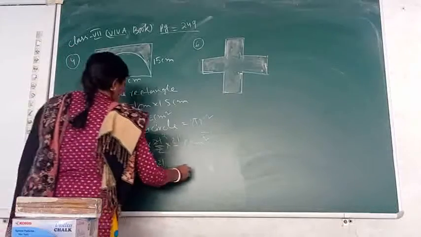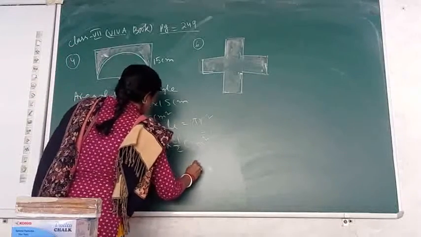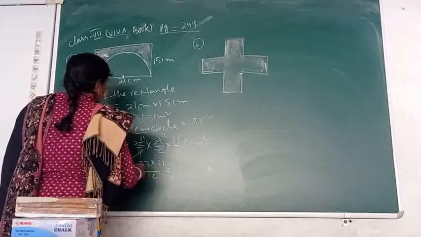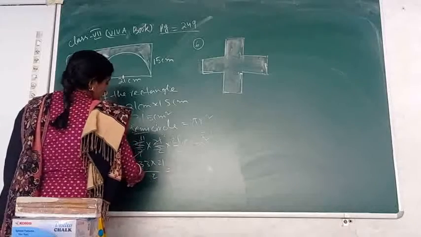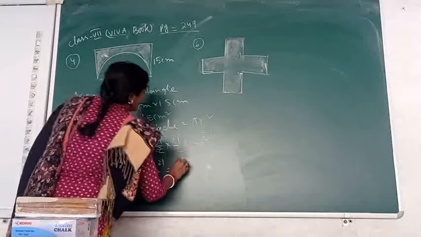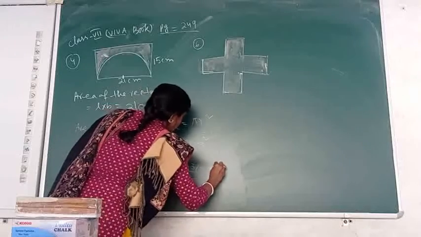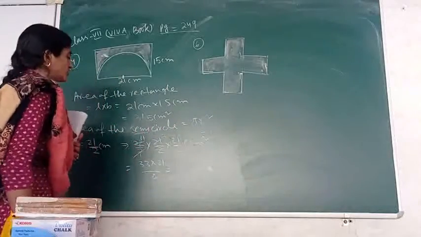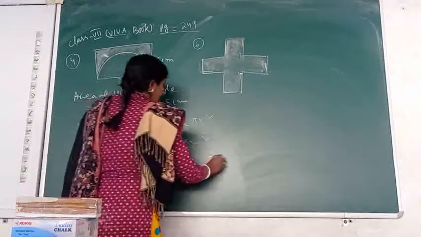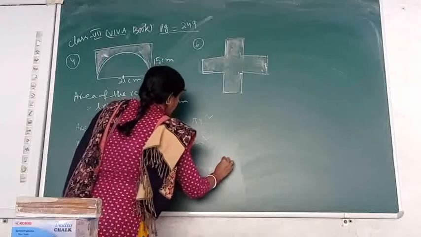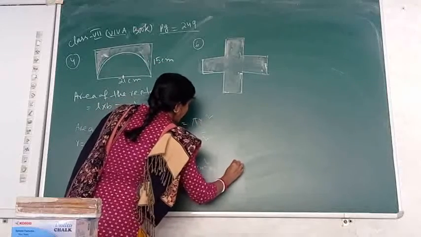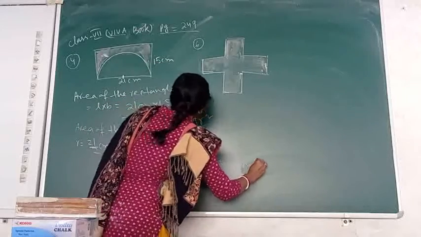That means we are getting 693 by 2, that much centimeter square. Or if I am changing this one to decimal, how much I will get? 346.5 centimeter square.